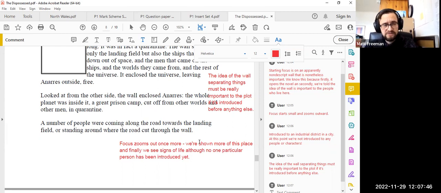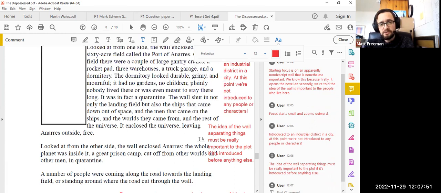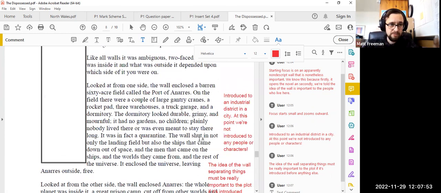So just from this first page, from looking at that shift in focus from the wall through to this industrial area that the wall separates off, through to the wider picture of this city with roads leading to it and people moving, and of course the really important thing, the absence of people, really, beyond a brief mention, we've learned a lot about the structure here. We can talk about the fact that the focus is on the environment, that the focus is on this idea of a wall, this idea of division between one thing and another.